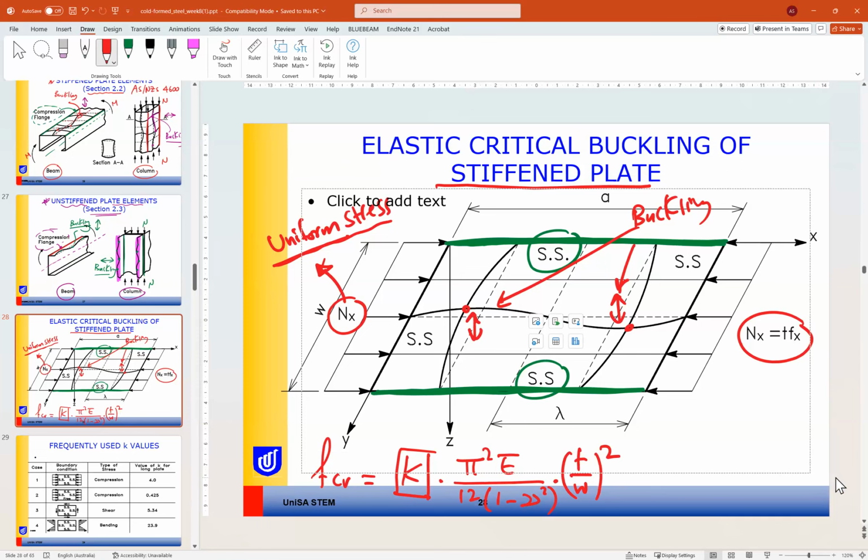So this is our formula for the critical buckling stress.